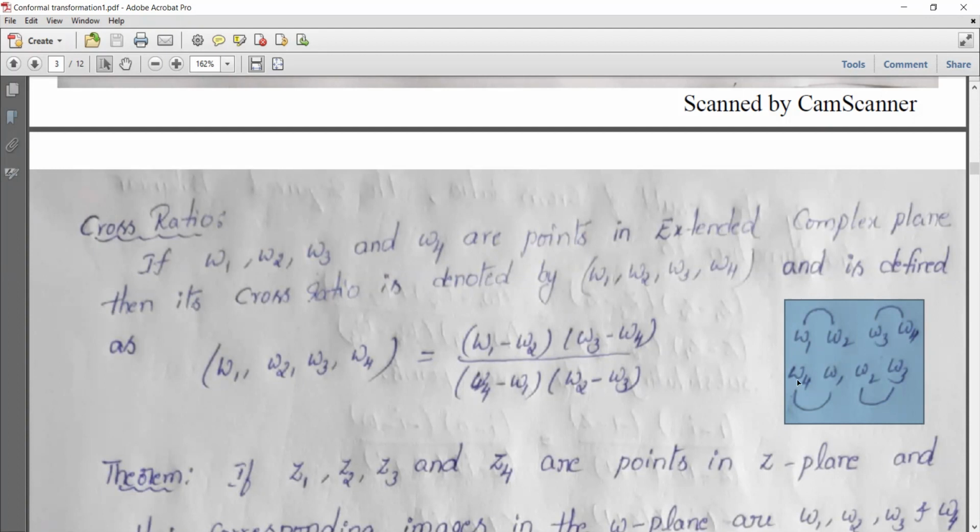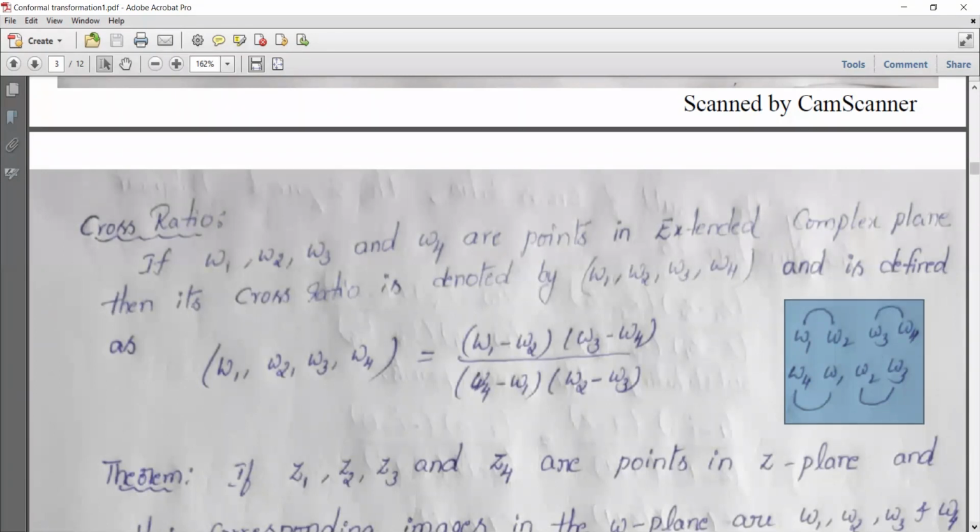In the denominator, W4 minus W1, and W2 minus W3. So the ratio of this is the cross ratio of the points W1, W2, W3, W4. We denote it within brackets as W1 minus W2 into W3 minus W4 by W4 minus W1 into W2 minus W3.